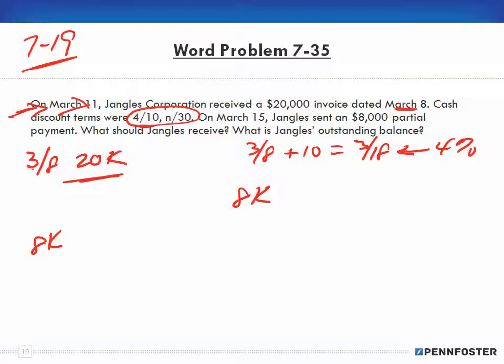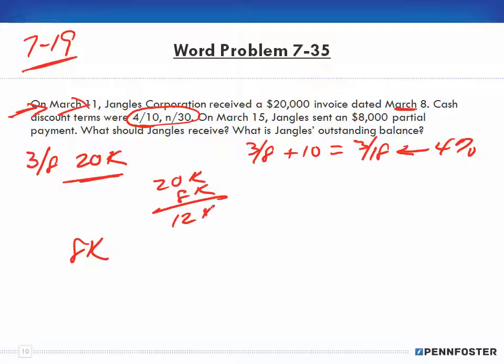And so with this problem, Jangles is paying 8,000 as a partial payment, right? So their balance isn't the 20,000 minus the 8,000, which would mean a balance of 12,000. Their balance is less because they're making that partial payment.